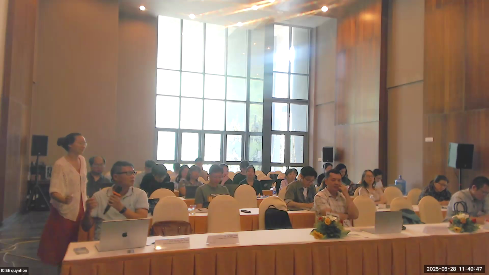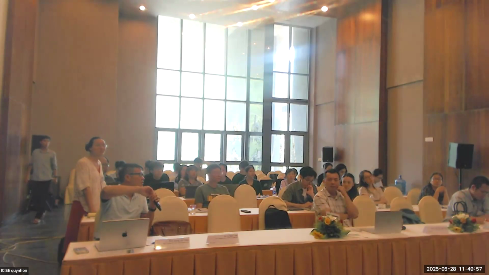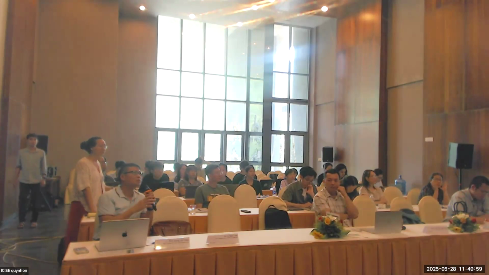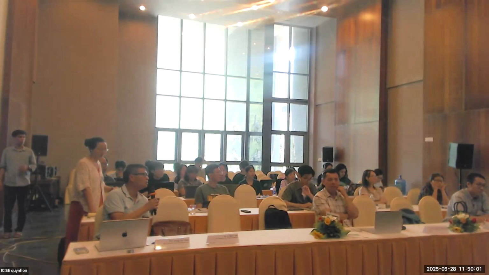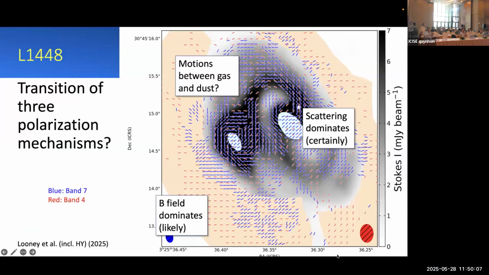Yeah, I think in the paper here, the polarization angles are aligned along the gas streamer, right? The recent paper by Looney et al. Yes, that one. So it seems that the polarization angles are aligned with the streamers.